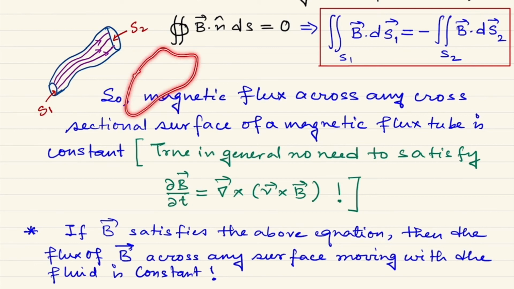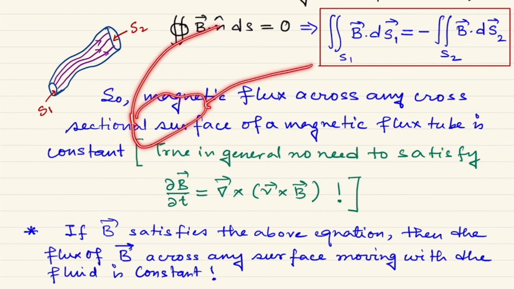But what is not necessarily correct there is this: if you take any arbitrary surface made by the fluid elements inside the flow field and calculate the total flux of the magnetic field across it, will it be the same for that surface after it has evolved in time and is situated at a new position?